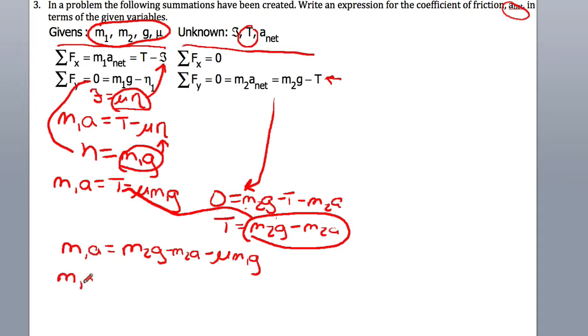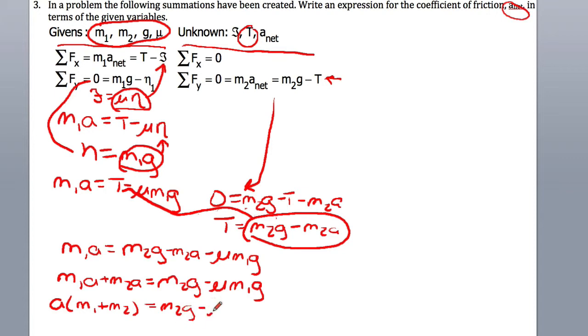So that'll give me m1a plus m2a is equal to m2g minus mu m1g. Now I use the distributive property to pull out the a. So a times the quantity m1 plus m2 is equal to m2g minus mu m1g.